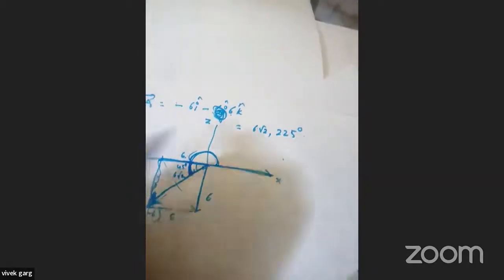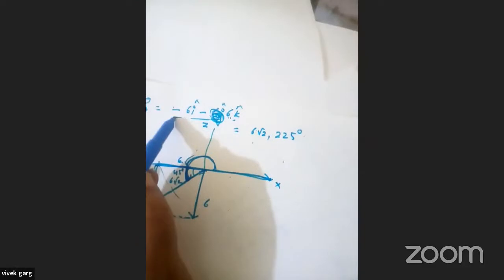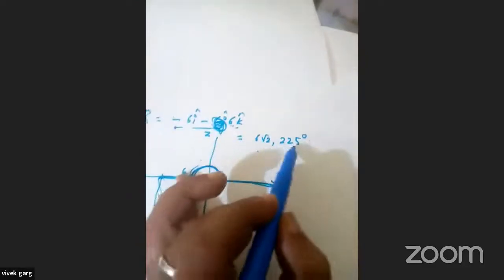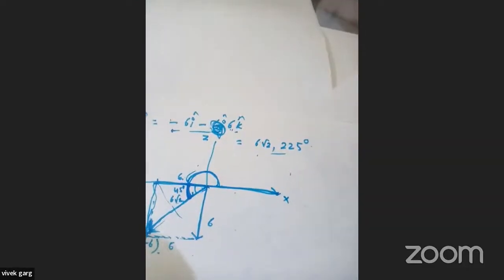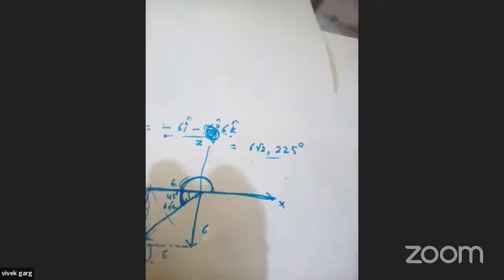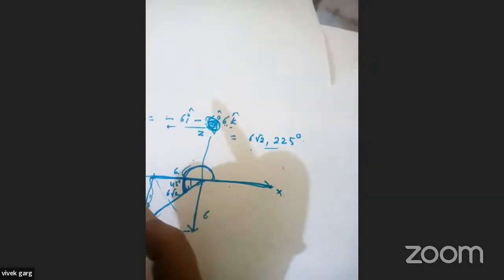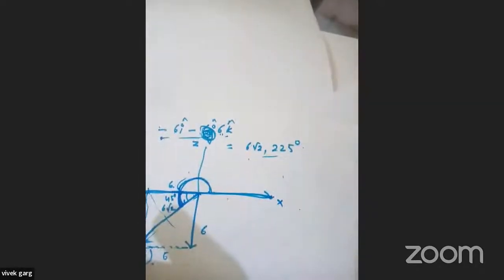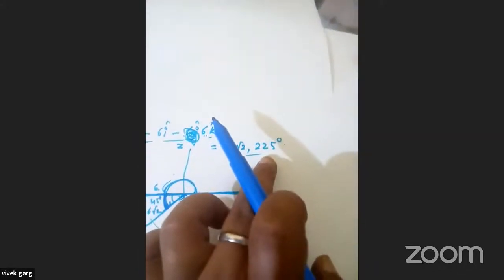So here's the thing, I represented the same vector, which was in Cartesian form, in polar form, which is magnitude and direction. So a vector represented in Cartesian form can be written in polar form.